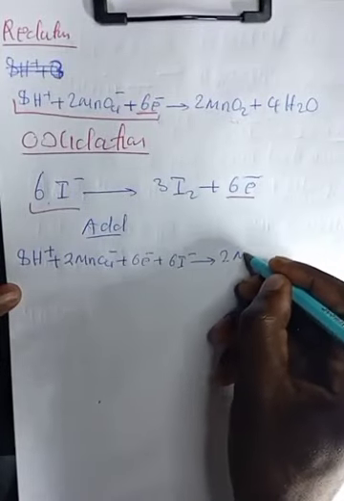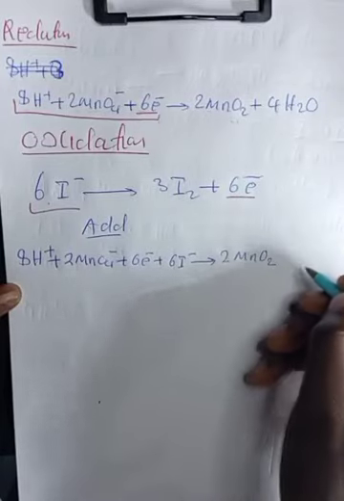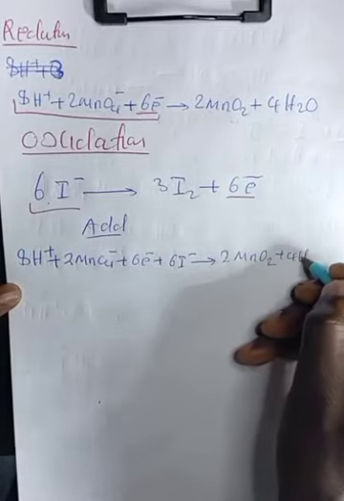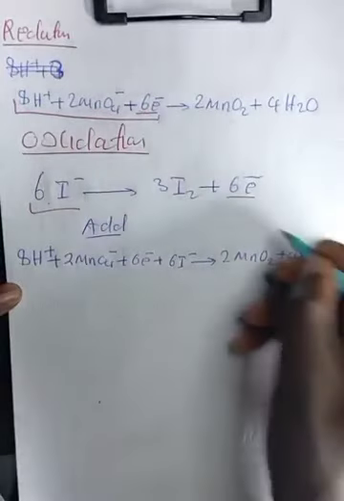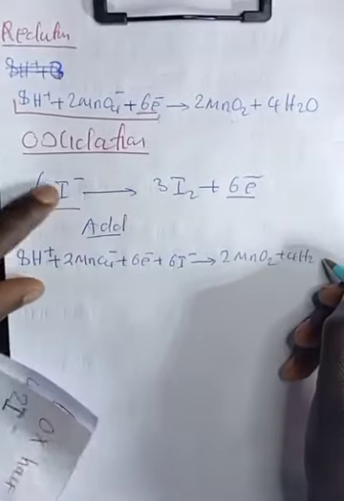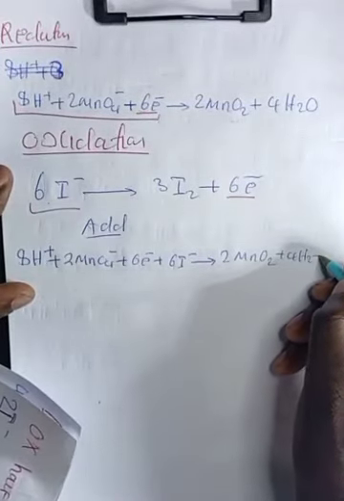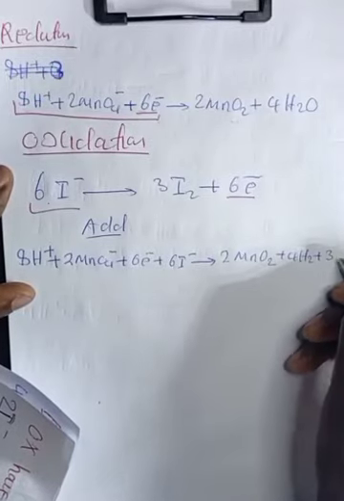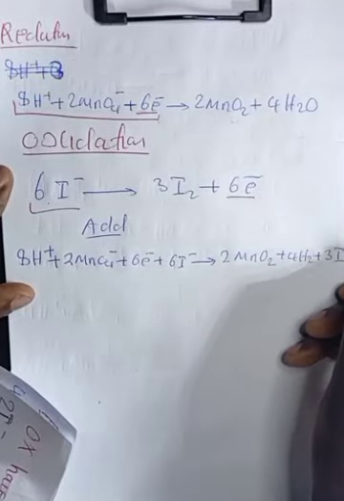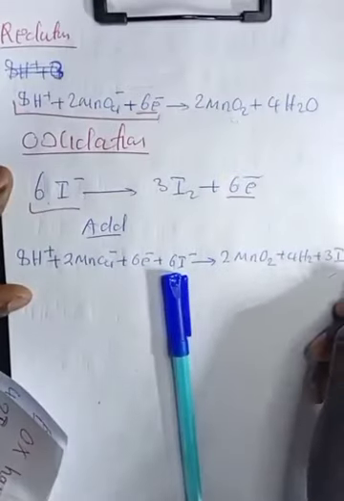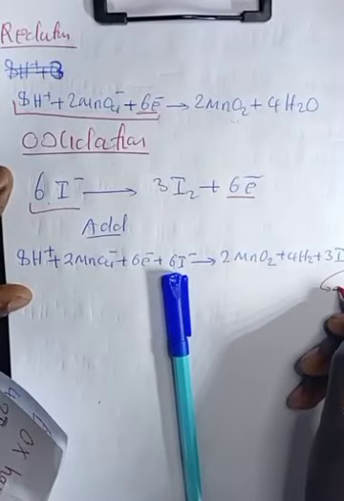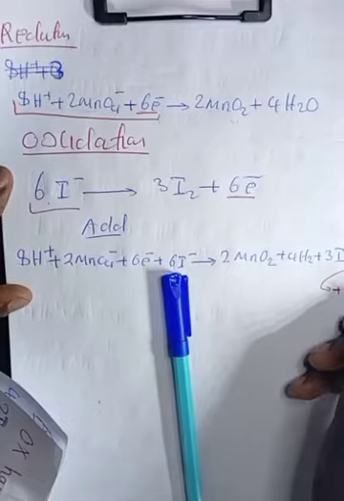We have 2 MnO2, then plus 4H2O, then plus what we have here, plus 3 I2. I'm going to write the electrons down here so that you see them, because there is no space here, plus 6 electrons.